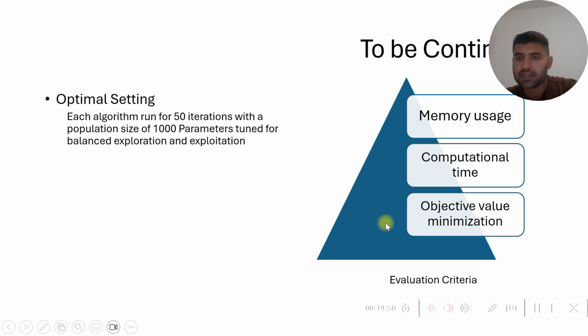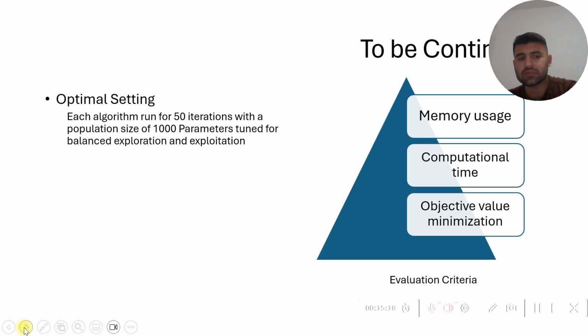So the evaluation criteria which we focus on are memory usage, because we already discussed the number of iterations, and the computational time as our goal, and the main one is objective value minimization, because computational power is also one of our problems and goals which we have to focus on.